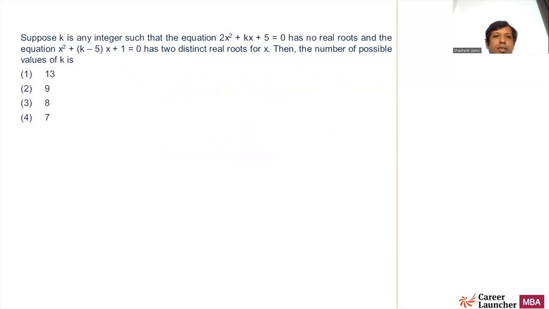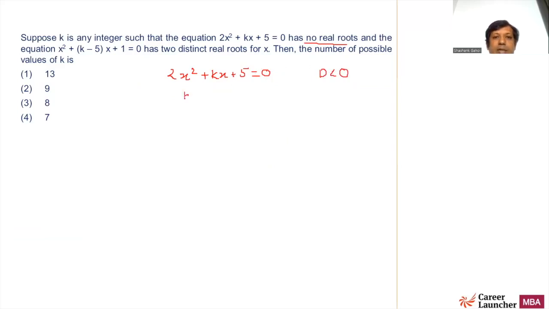Question number 20 is saying that we have a quadratic equation. So this is a question of quadratic equation. The first quadratic equation is 2x square plus kx plus 5 equal to 0. Now it is saying it has no real roots. So if it has no real roots, the first thing that is going to click me is that D should be less than 0.